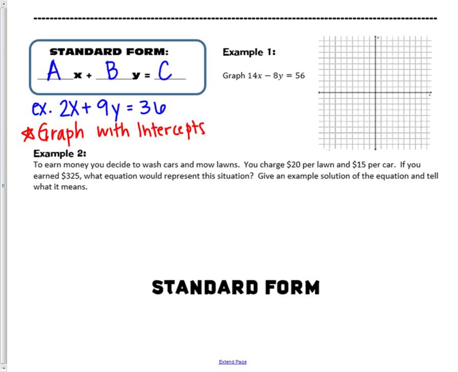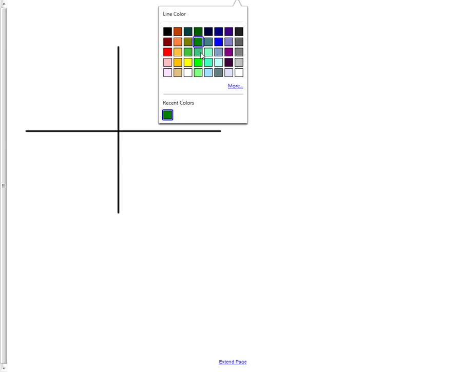So what are intercepts? Well, I want you to think about your x and y axes, okay? I'm going to start a new page here, but if I look at my two axes, here's my y-axis, here's my x-axis. If I were to plot a point, let me change the color so you can see what the line is here. Let's plot a line, an entire line there.